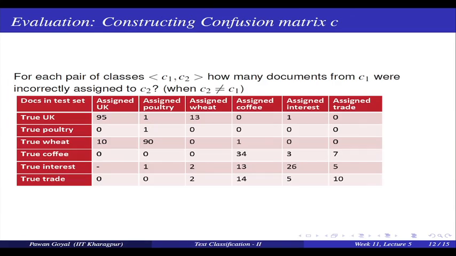Now let us talk about the evaluation part. How do we evaluate our text classification approach? In general, assume that you have some n number of classes. What do I mean by evaluation? You will have training data to train your classifier, but there will be test data where you will find out how good your classifier is at predicting the classes.